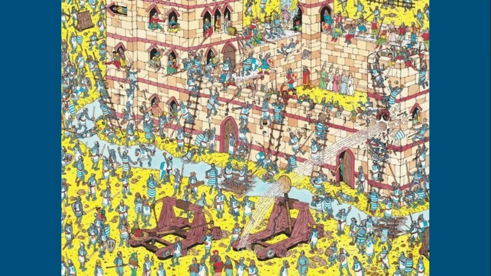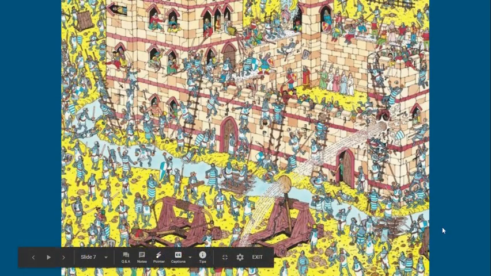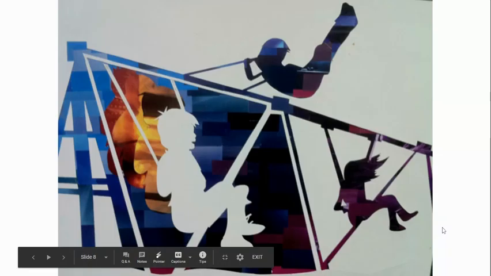So if you've ever played the Where's Waldo game, what you do when you look at the picture is you tell your brain, look for red and white stripes, look for glasses, and then you scan the whole place looking for Waldo. But then if you're trying to find the wizard, you tell yourself, look for a big gray beard, and you scan it. And so you can tell your brain what you want it to focus on, and you can change your point of view.